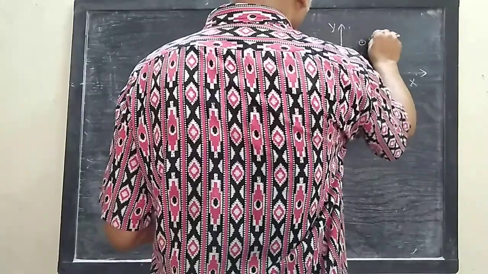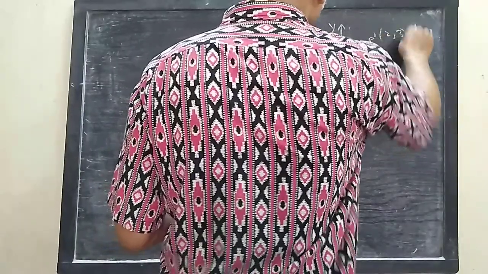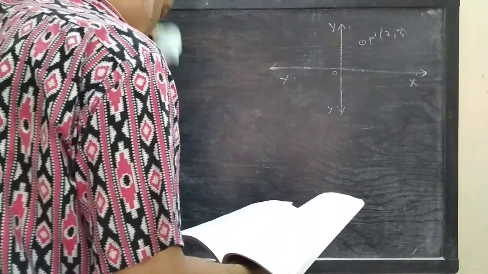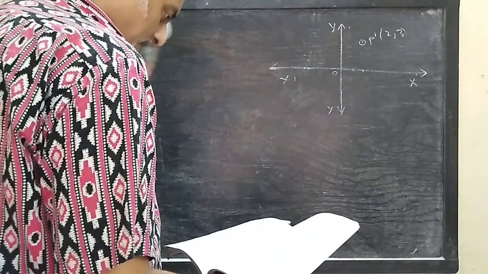This is P dash 2 comma 3. How does P dash come? It comes after reflection of P in y-axis.